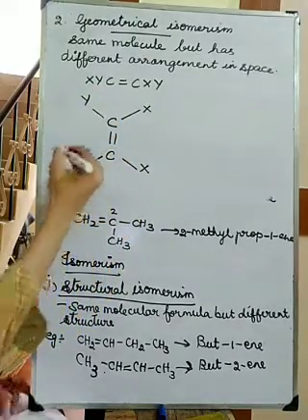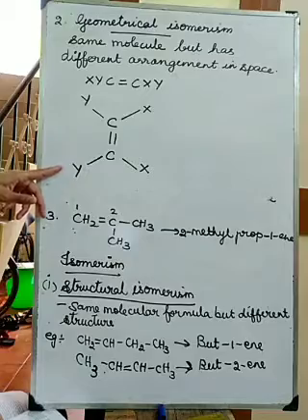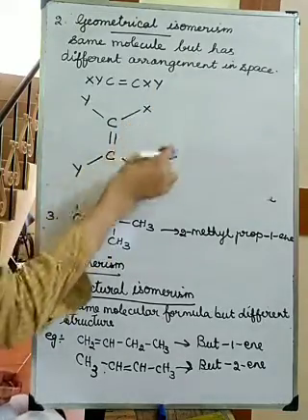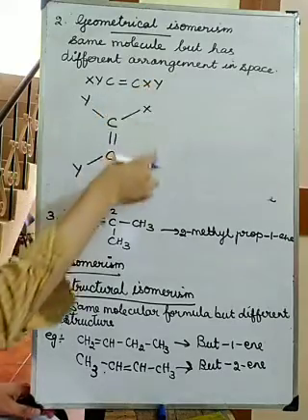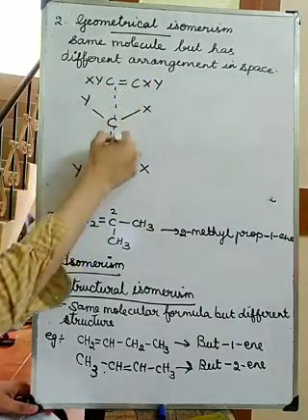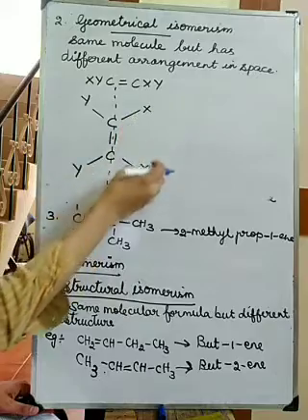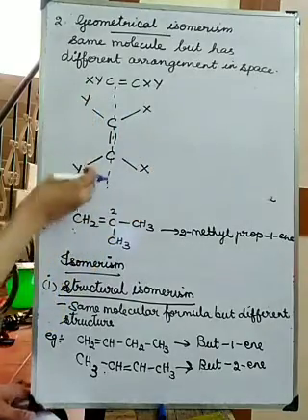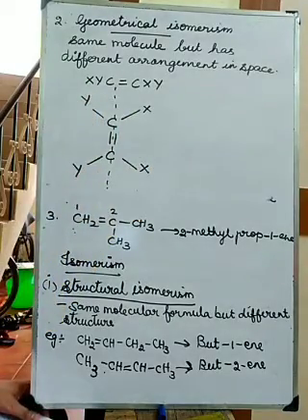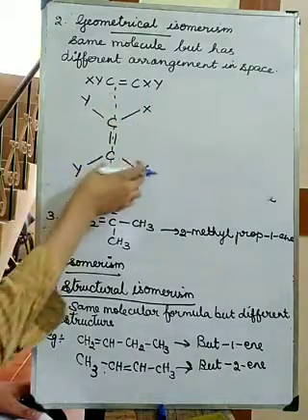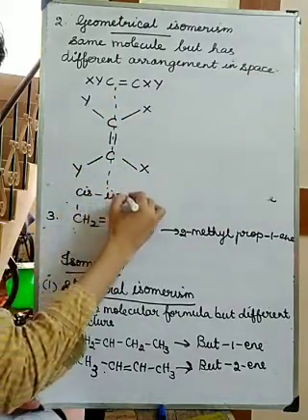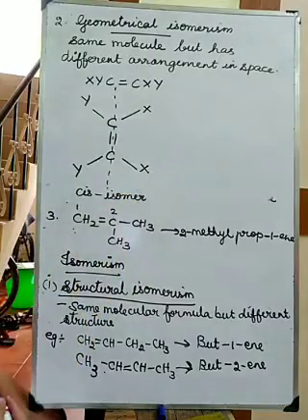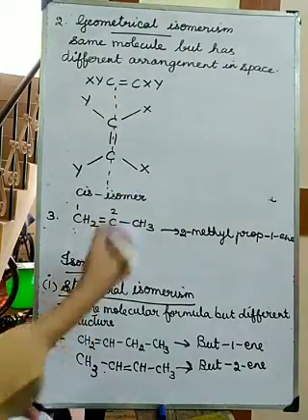What is the arrangement here? Same groups are in the same side. Suppose you divide this into two, X and X are in the same side and Y are in the same side. If the same groups are in the same side, we will call that the cis isomer.